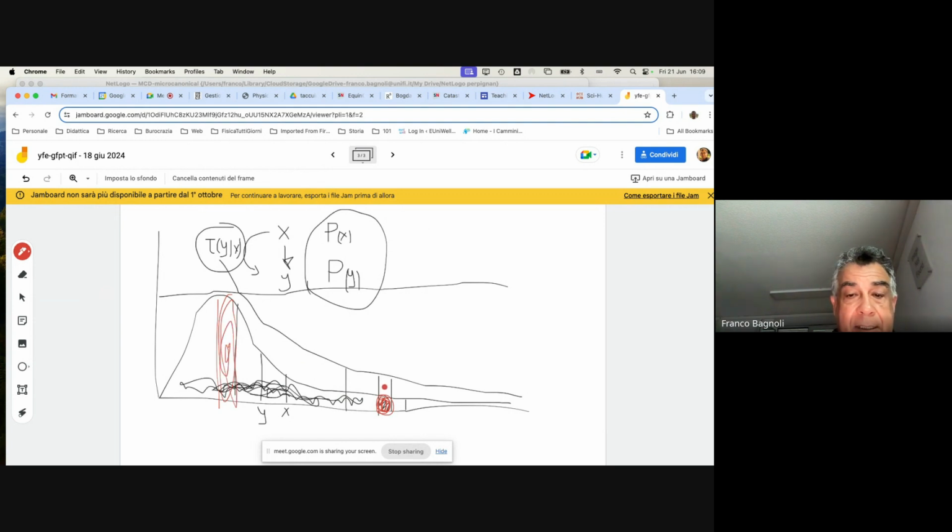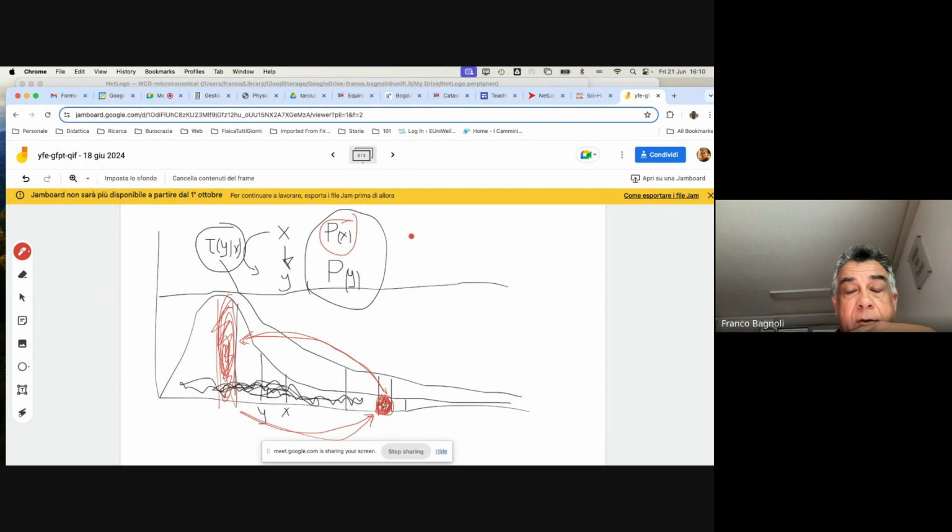The idea is that the probability of going from here to there with respect to this one should be equal to the proportion of these two things, in order to have a stationary solution. So if there is a small probability here and a large probability here, you should also have a large probability of going from this to this and a small probability of going from this to this.